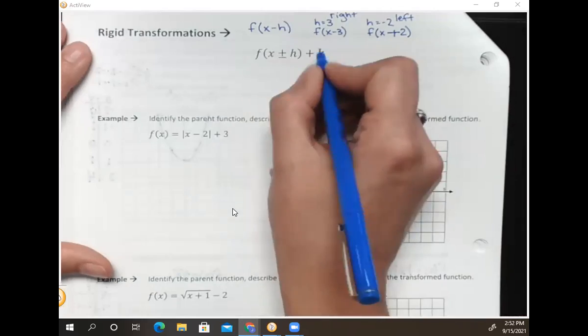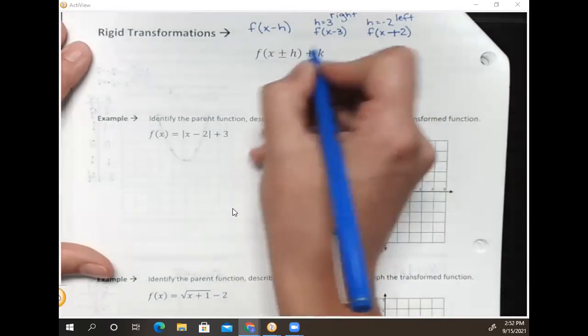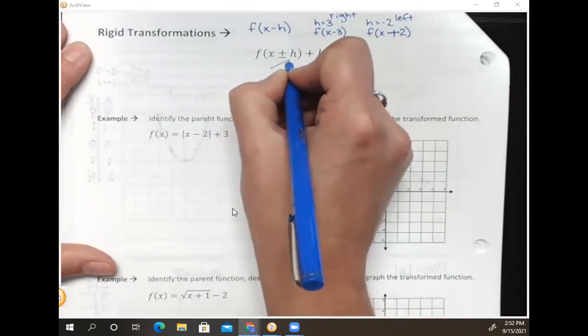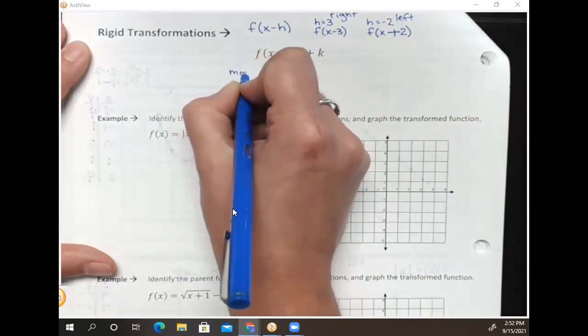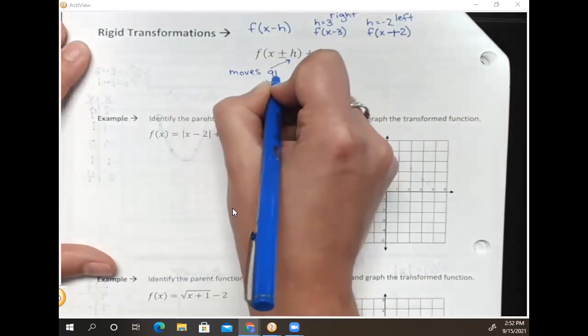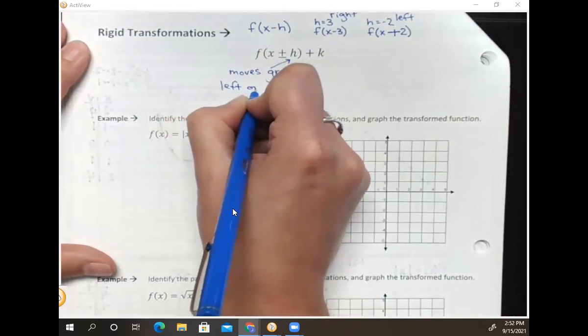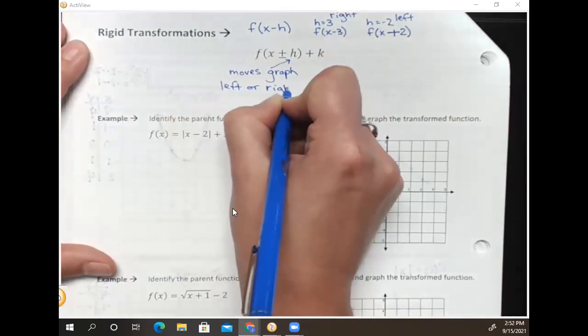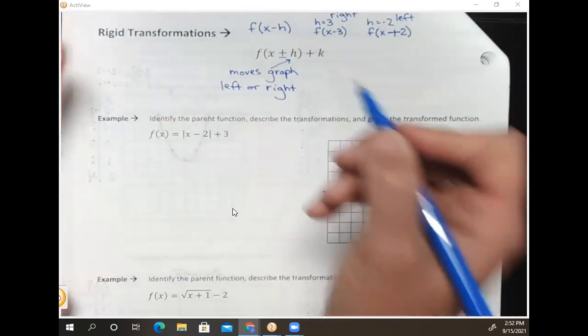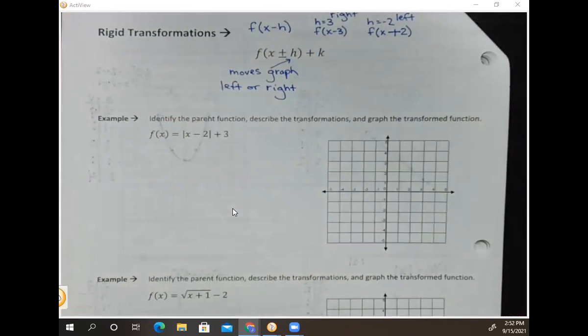So if we talk about the movements that we see here, we kind of already talked about h up here. We know that a change in h moves our graph left or right. So anything grouped in with the x is going to shift us left or right. So when I say grouped in with the x, it could be in parentheses with x, it could be under a square root with x, it could be inside absolute value bars with x.